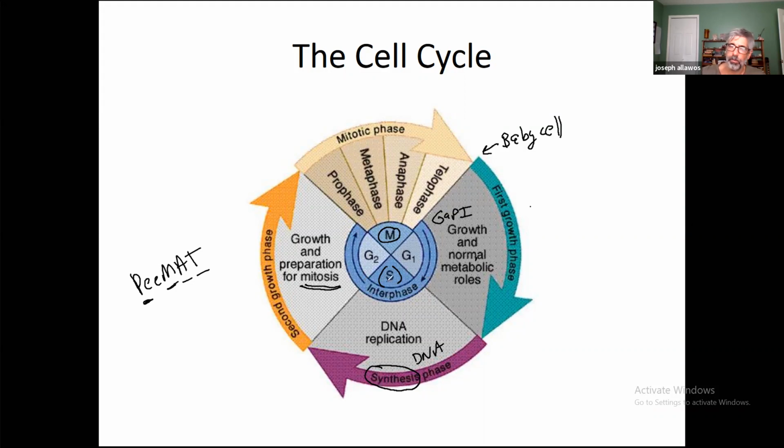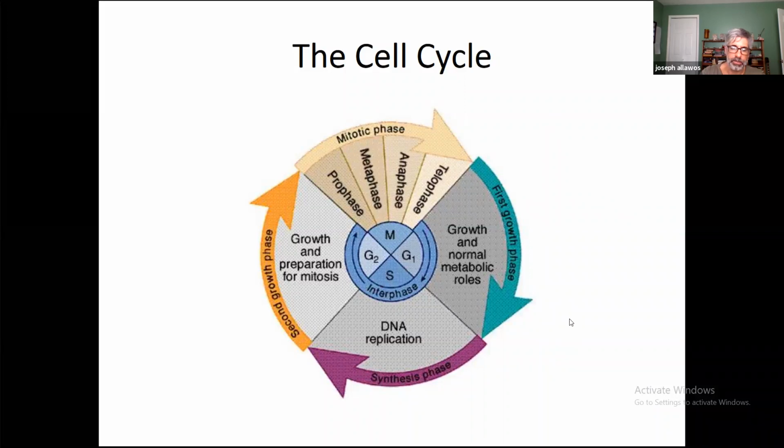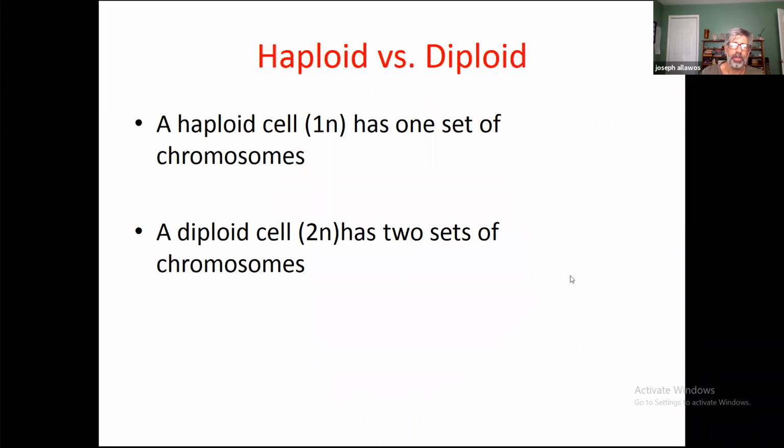Now we need to understand a little more about mitosis before we go on and actually go through the phases. So let's talk a little bit more about mitosis. Let me see what this next slide is. Okay, so there's never really a good spot to do this, and so we might as well just do it now.